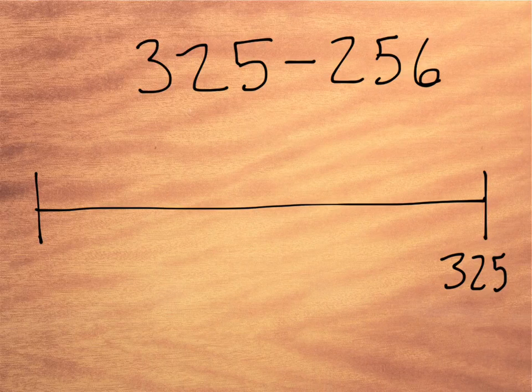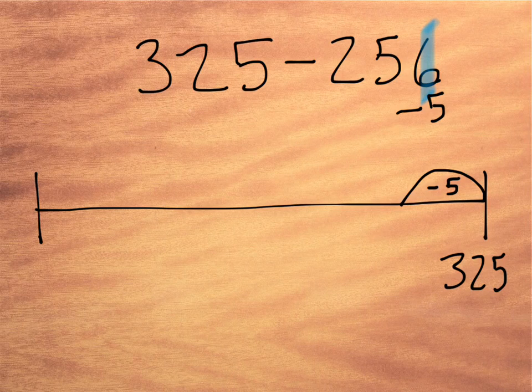So, to make this as friendly as possible, instead of jumping back 6, I'm going to take out 5 first, because that'll give me a friendlier number to start with. So, if I jump back 5, that gives me 320. So now I no longer have 6 in ones place, I have a 1. I'm going to save that 1 for later.